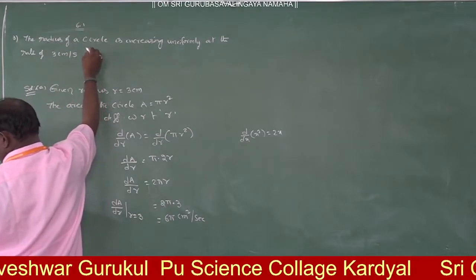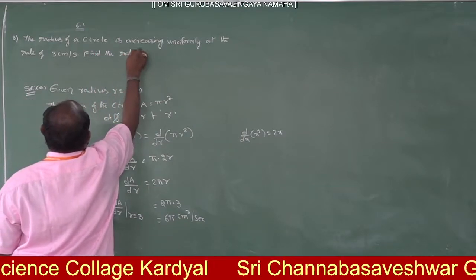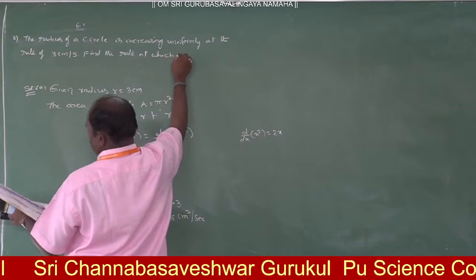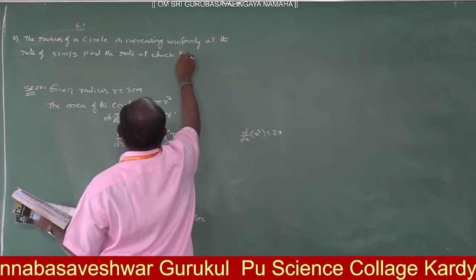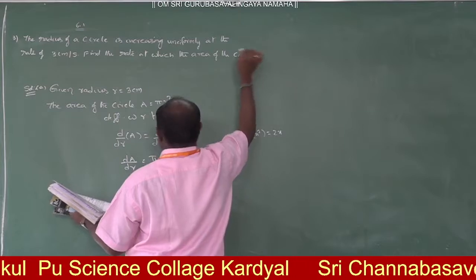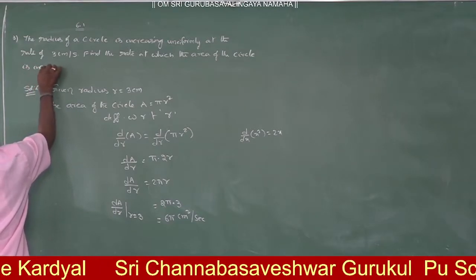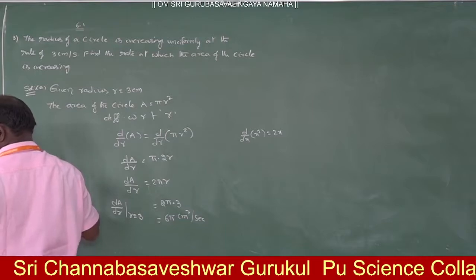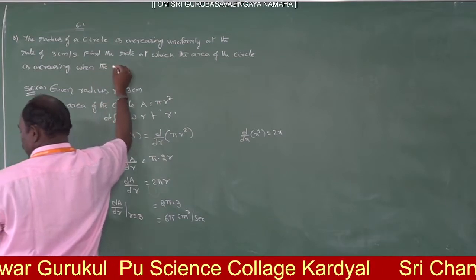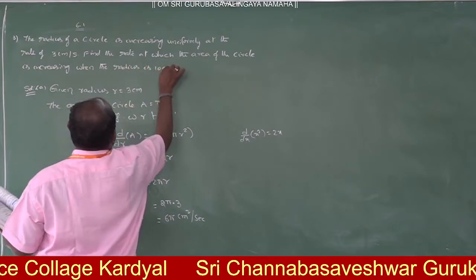Find the rate at which the area of the circle is increasing when the radius is 10 centimeters.